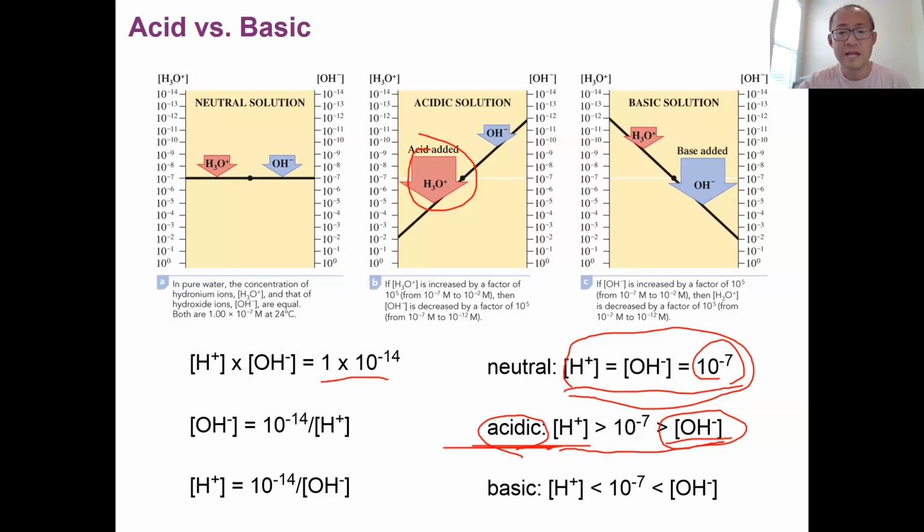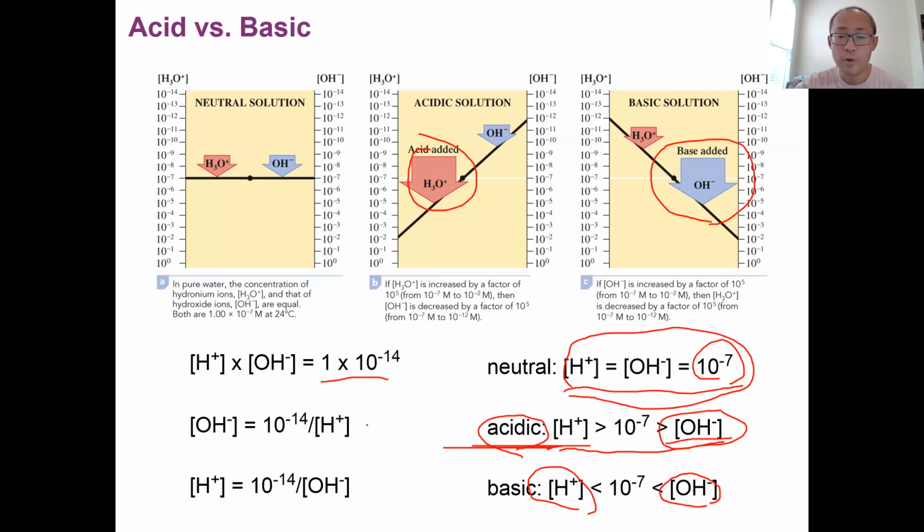Now, very similarly, instead of adding proton, if you add some hydroxide ion or a compound that can release hydroxide ion, then your hydroxide ion concentration will be higher than the proton. And when the hydroxide concentration is higher, it must be higher than 10 to negative 7th, and the proton will be lower than 10 to negative 7th.